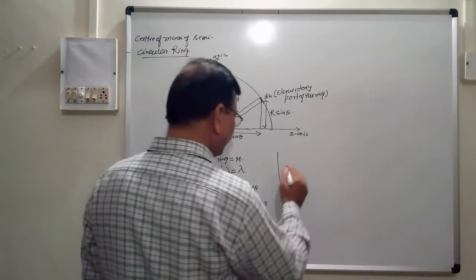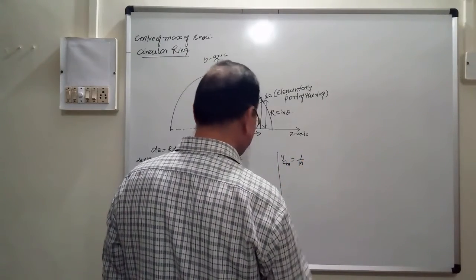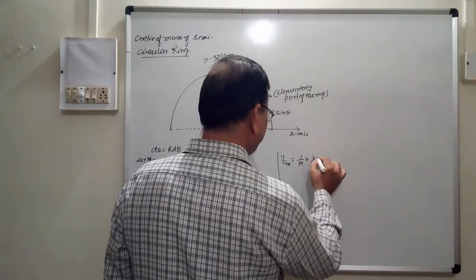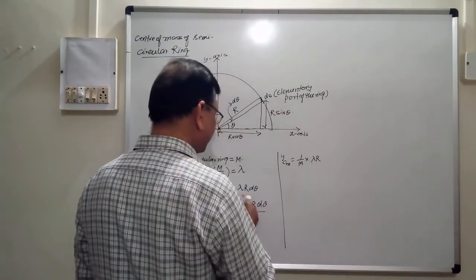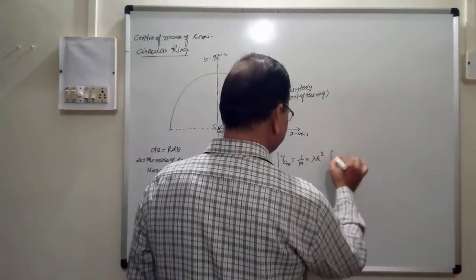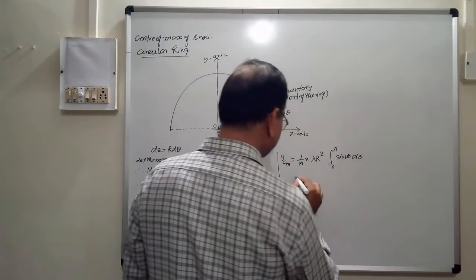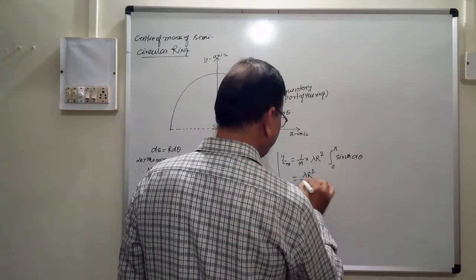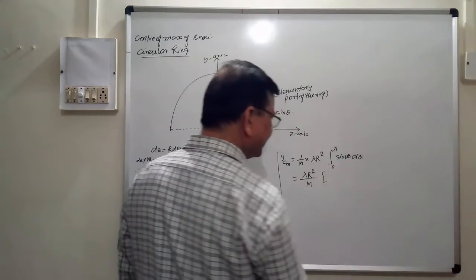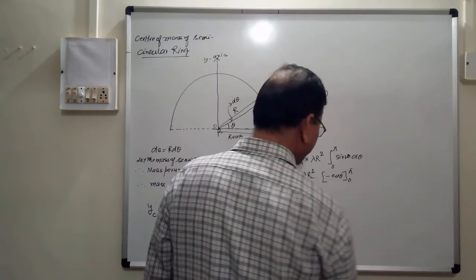So we will write y CM is equal to 1 by M. We will take lambda r common, so it is lambda r square upon M times the integration from 0 to pi of sin theta d theta. Integrating sin theta gives minus cos theta from 0 to pi.